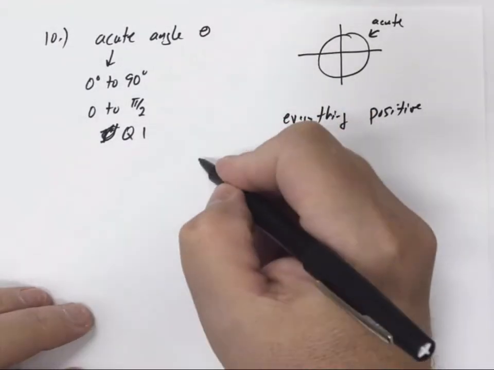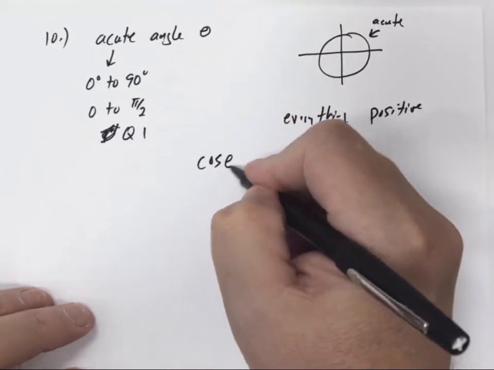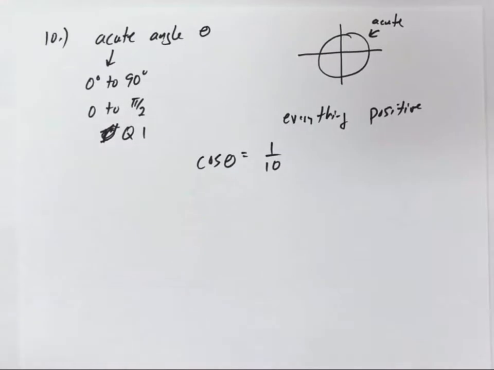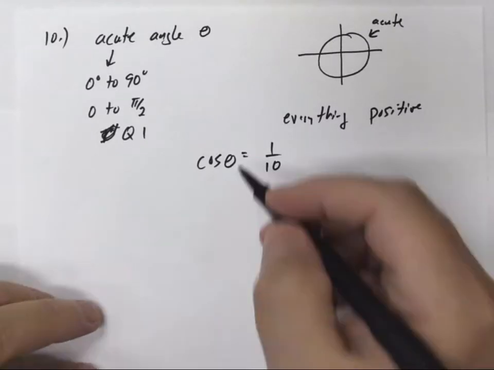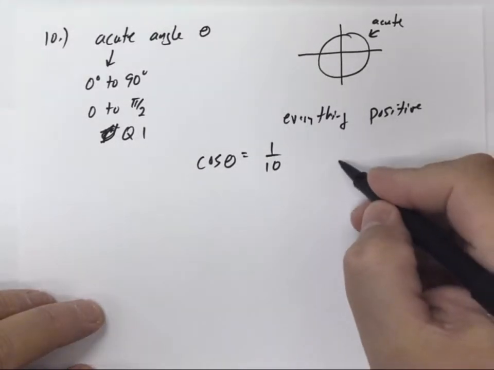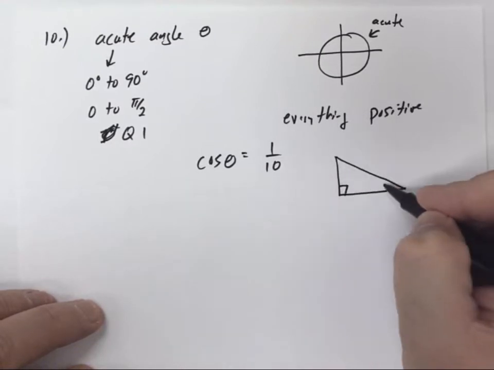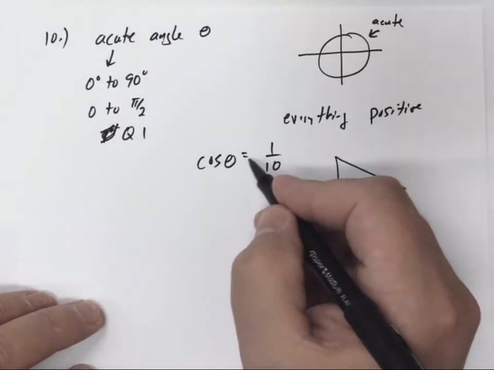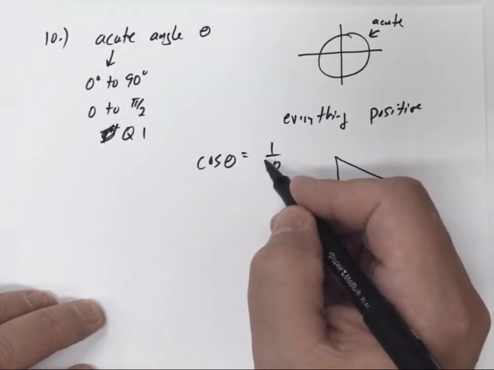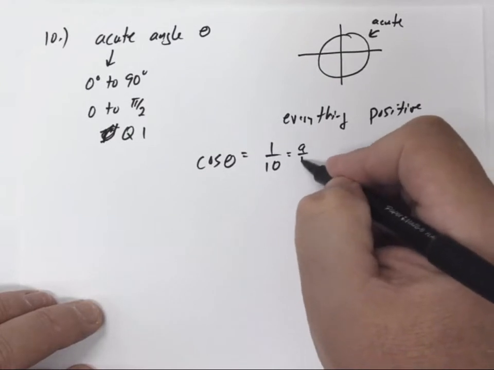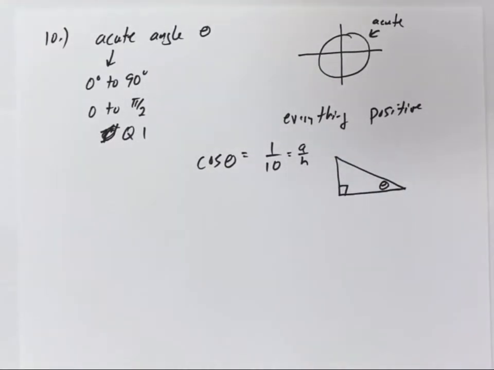What they've told us is, for the angle we're working with, they give us one trig function. They tell us the cosine of theta is 1/10. Now you can solve this using identities, but the way I prefer to do it, based upon this information, I just create a right triangle. Now I'm going to put my angle down here. Cosine of theta, cosine, so CAH, I can think of cosine as the adjacent side over the hypotenuse.